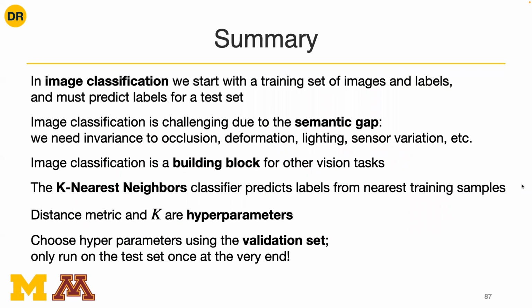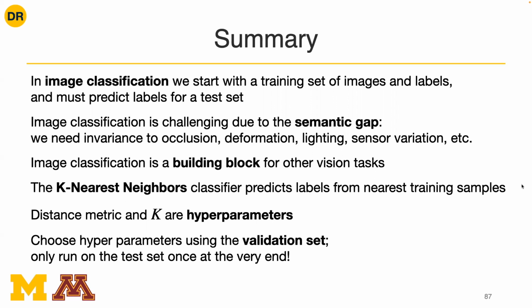So in summary, we're running low on time here. We looked at image classification, and at a high level, we start with a training set of images and labels, and we then have to predict one label for each image within a test set. The challenges we saw with performing image classification were quite numerous. At a high level, we have this semantic gap that we have to deal with, going from low-level pixels to high-level classification.